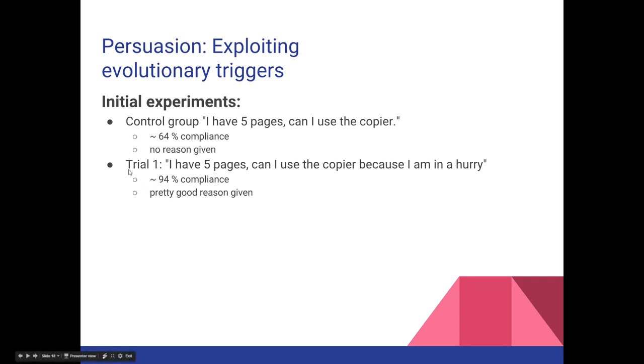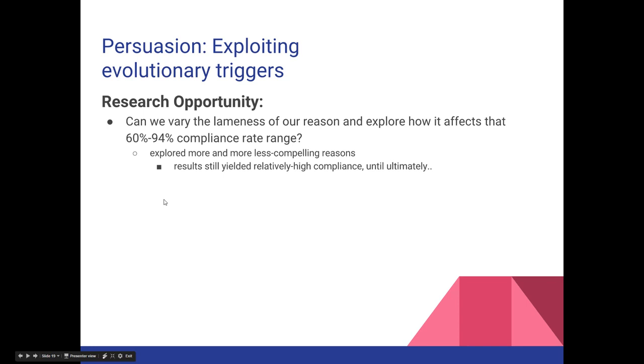Now, for exploring reasons and varying them, the first trial was, I have 5 pages. Can I use the copier because I am in a hurry? It's a pretty good reason. And with that, they got a 94% compliance rating. And so, past that, they drilled deeper and they wanted to explore whether or not they could vary the lameness of the reason given and explore how it affects that baseline compliance rate range.